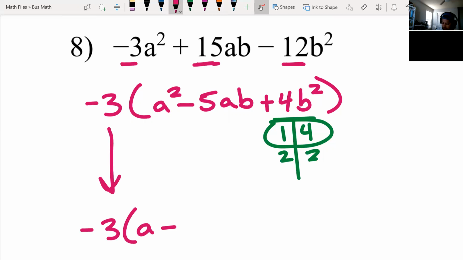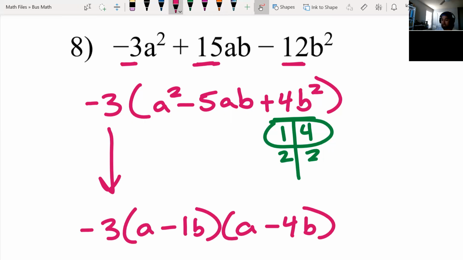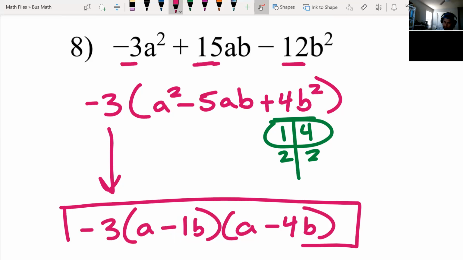And you'll have a minus number, a minus number, and what numbers are going in there? -4 and -1. Good. And don't forget to add the b because of that b squared there. You don't need to write it as 1b. You can just write it as b. But if you need that one there, that's totally fine.